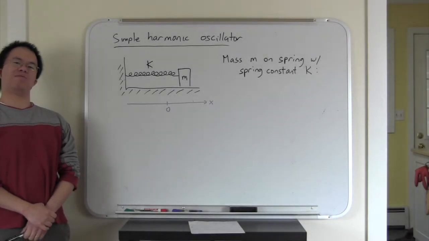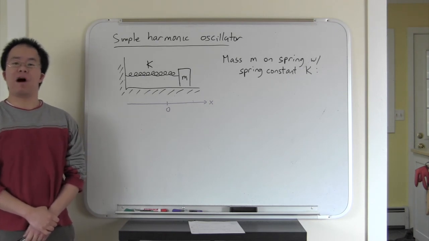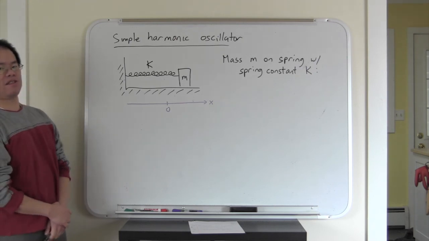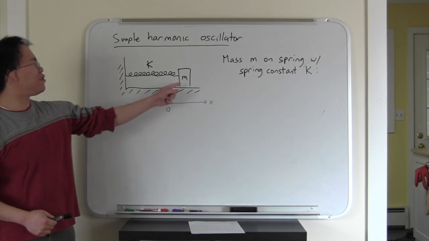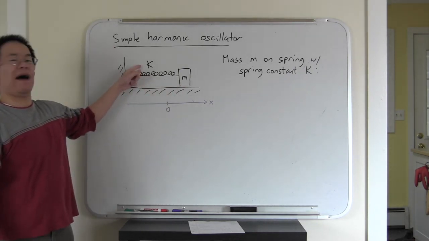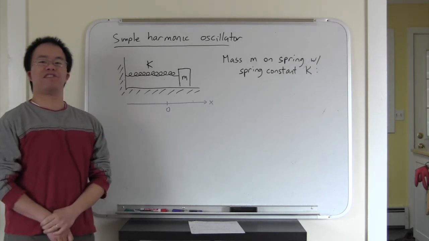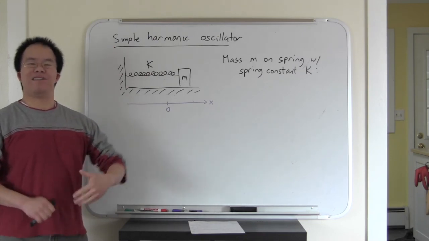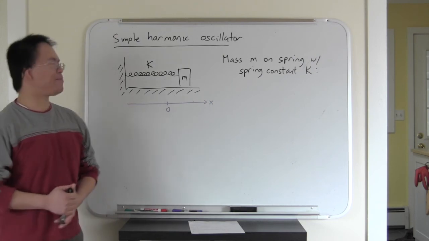So the physical situation I would like you to have in mind when thinking about a simple harmonic oscillator is one you probably studied in Physics 217. So we consider a mass m on a spring with spring constant capital K. And here I'm going to use capital K for the spring constant so that we don't confuse the spring constant with the wave number lowercase k.